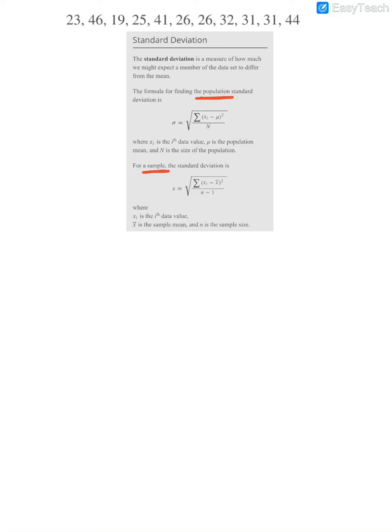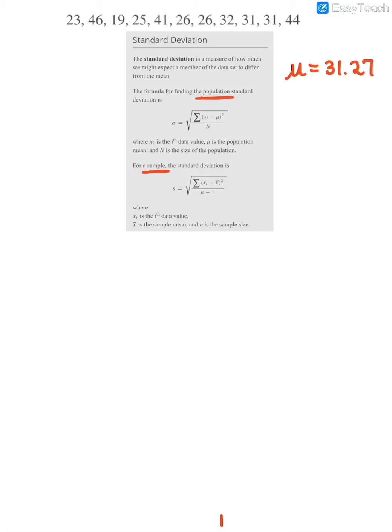If they told you that for some reason your set of data is a sample from a larger set, then you would use the formula for a sample standard deviation. In order to do this formula, you first have to calculate the mean, which we did in our very first step, and we had found 31.27.